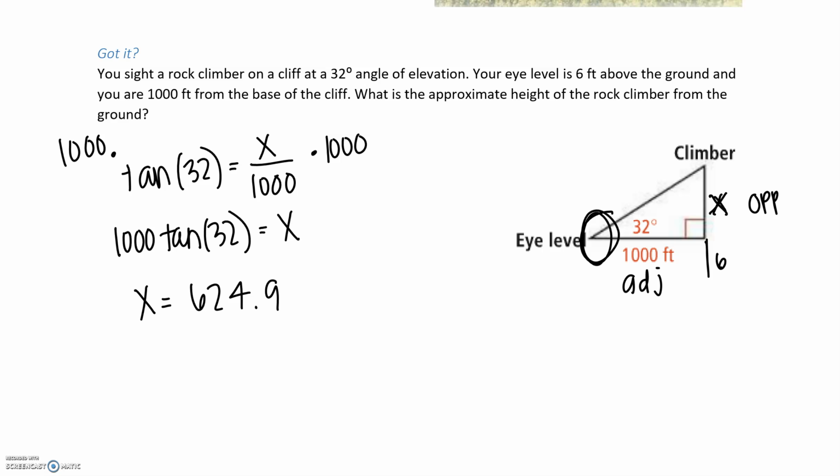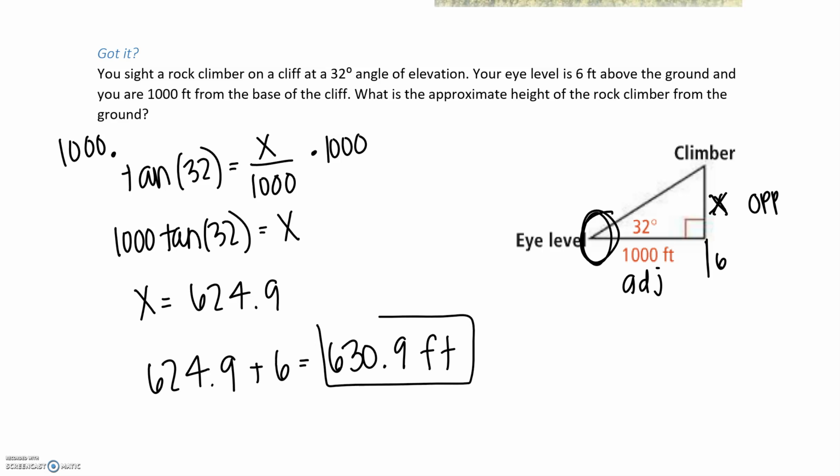So remember, our last step is to figure out the height of the mountain in general. So we're going to do 624.9 plus the 6 feet, which equals 630.9 feet. Okay, so that's going to be our answer.